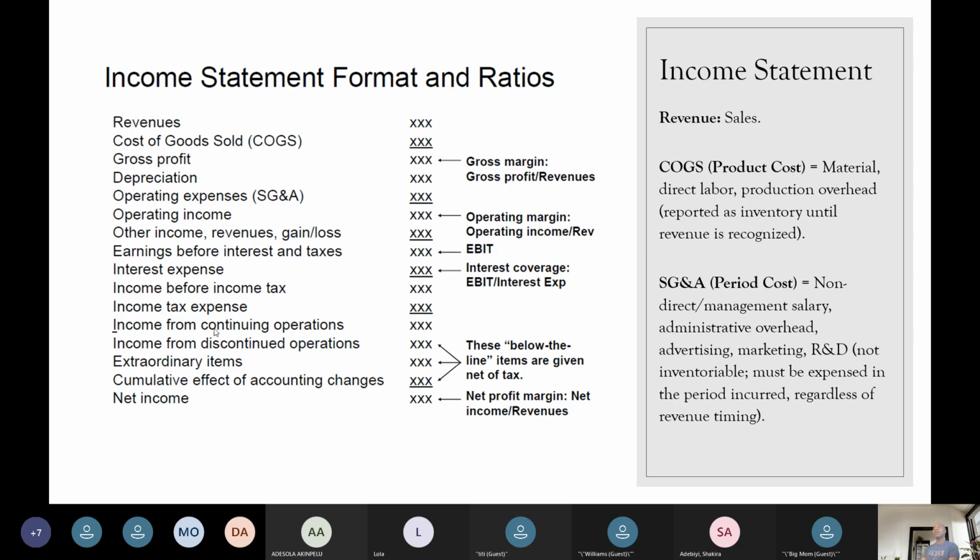The difference between income from continuing operations and the net income, rather, I should say, is that there are some other incomes, like let's say the company had a small business that they started and sold during the year. Now, the selling of that is called discontinued operation.